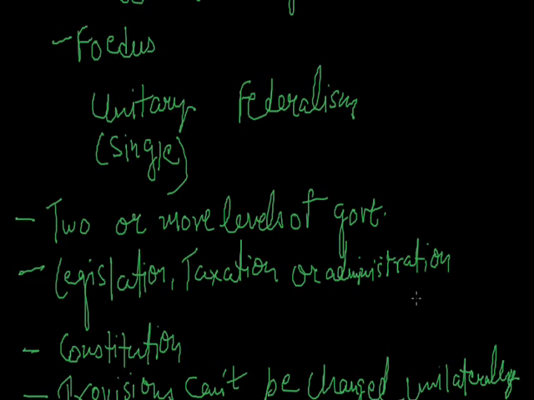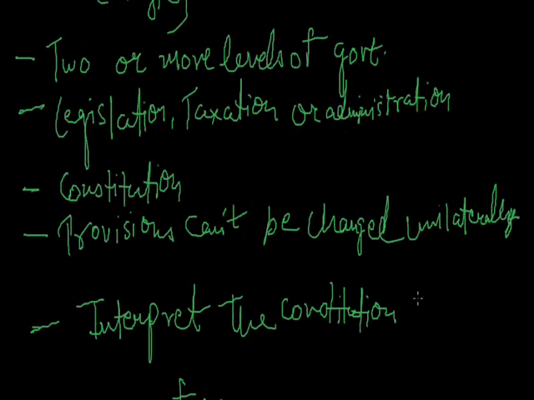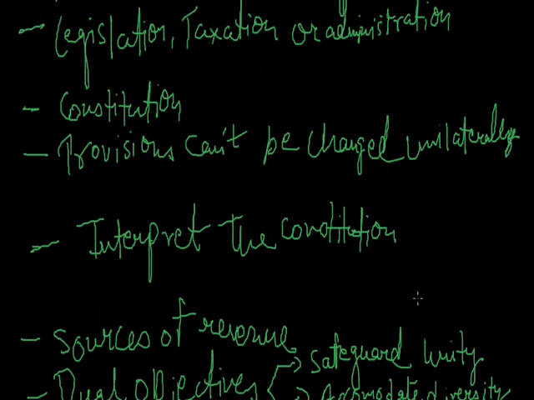Central government can pass laws to direct the provincial governments to do anything. While in federalism there are two or more levels of government, and each level governs the same citizens, but their areas regarding legislation, taxation or administration differ. Where are these work areas defined? It is defined in the constitution, and the constitution is a rigid one, so the provisions can't be changed unilaterally. It is the job of the court to interpret, means to clarify, what is written in the constitution.